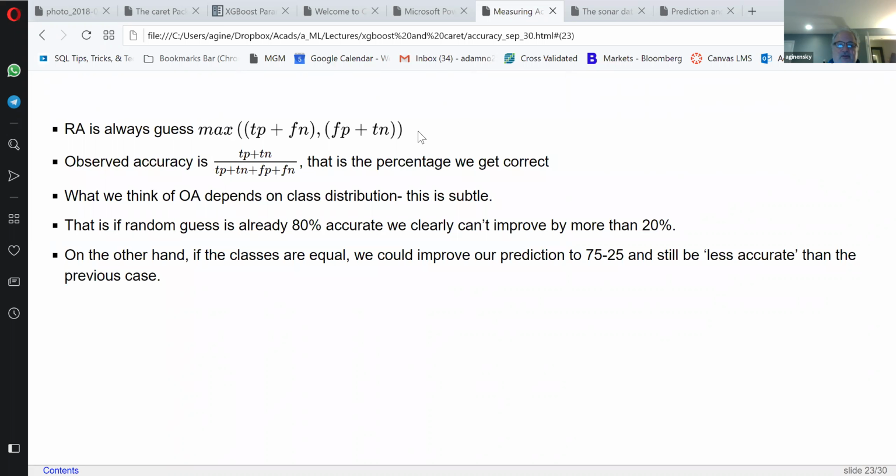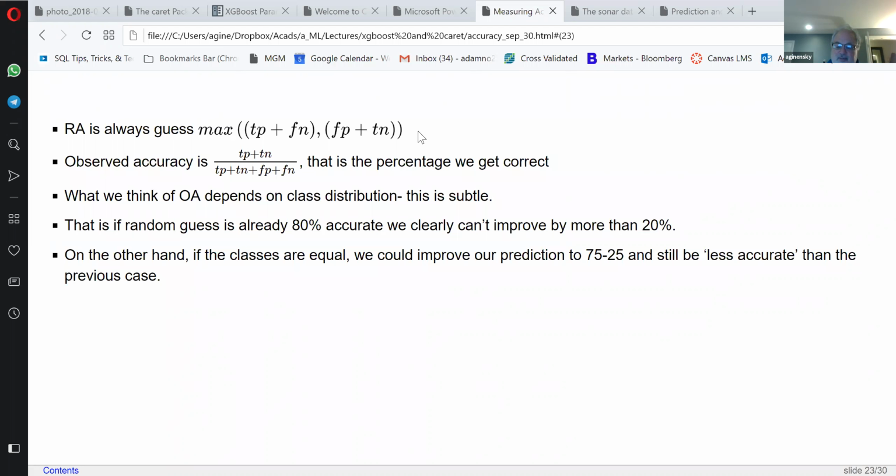So, to explain what I mean, if a random guess is already 80% accurate, we can't improve by more than 20%. On the other hand, if it's a 50-50 thing then it's no problem to improve your prediction to 75-25. And on the one hand, you've improved your accuracy by 25%. On the other hand, you're still less accurate than the random guess in the other case.